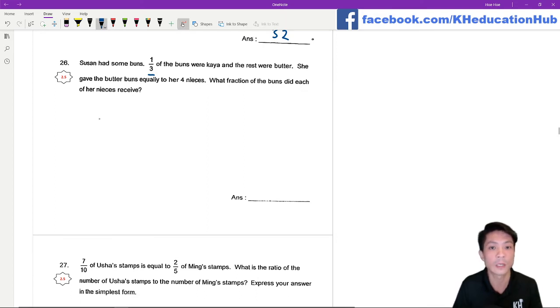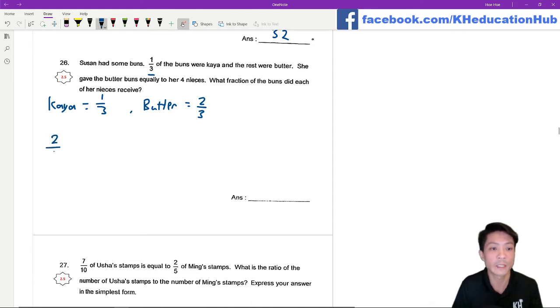Okay, so I'm gonna do the quick way, which is the fraction way. If kaya equals to 1/3, right? Which means that the butter would be 2/3. So she gave them equally to 4 nieces, right?